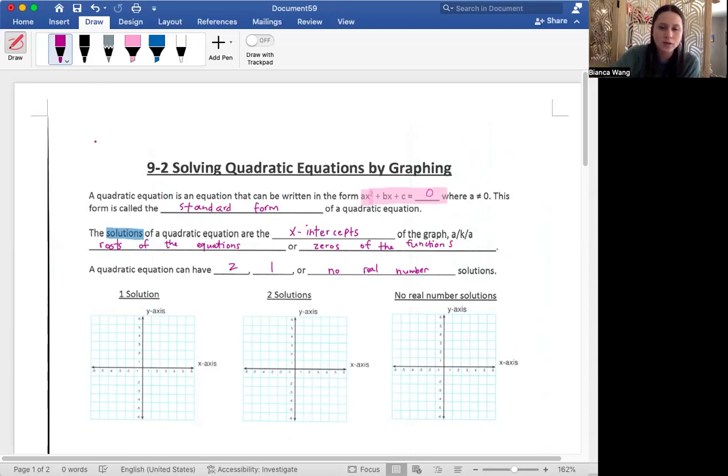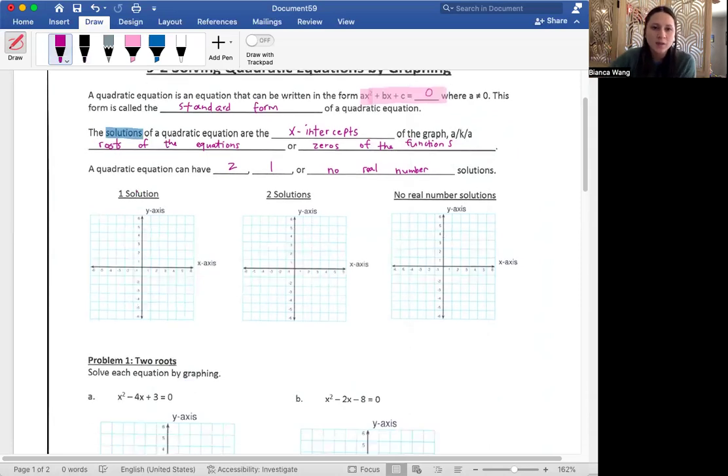When we graph these equations, the three types of graphs that we'll see are, first, one solution, meaning when you create your graph, your parabola, the solution is exactly on the x-axis.